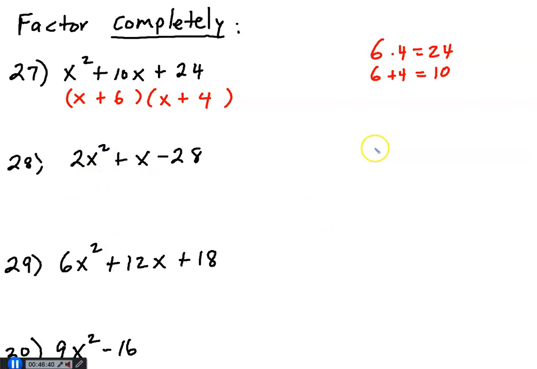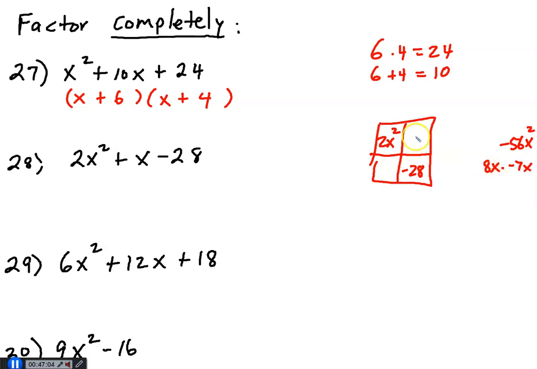Number 28 is a box method problem. So here's how the box method works. First term, last term, multiply those together, and then find factors of this product that add up to the middle term. That's going to be 8x and negative 7x.